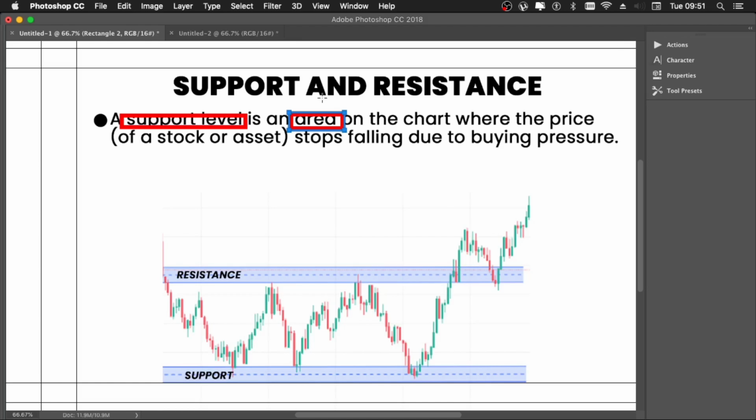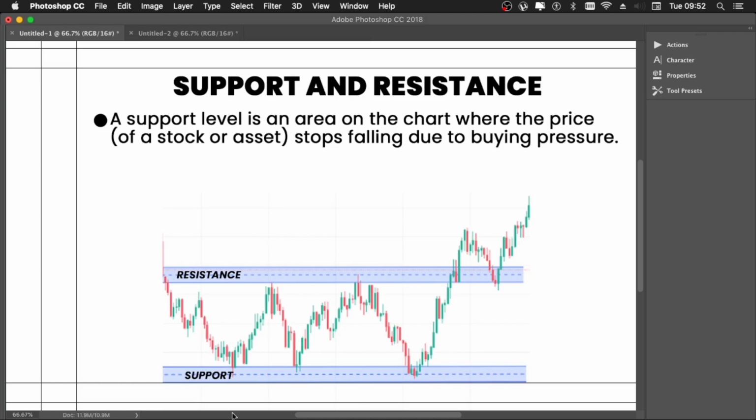It could be gold, Euro USD, synthetic indices, or Bitcoin, where price typically stops falling due to increased buying pressure.